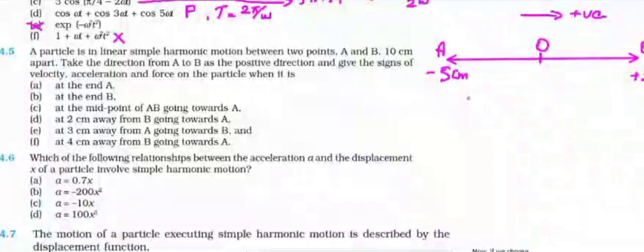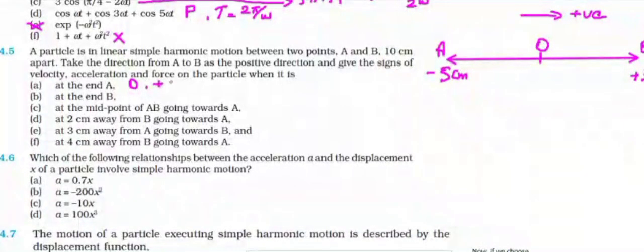First of all, we see at end A. At end A, you can see the extreme position, so velocity is 0. Acceleration is always opposite to displacement. As displacement is towards the left hand side, acceleration is towards the right hand side. Therefore, acceleration is positive. So velocity is 0, acceleration is positive, and F is equal to ma.